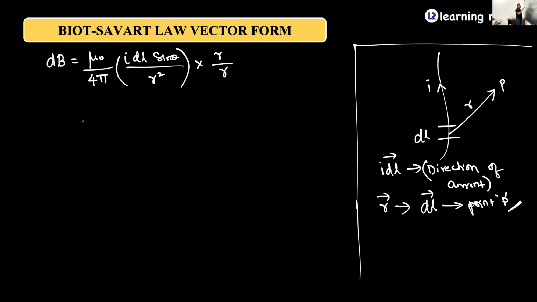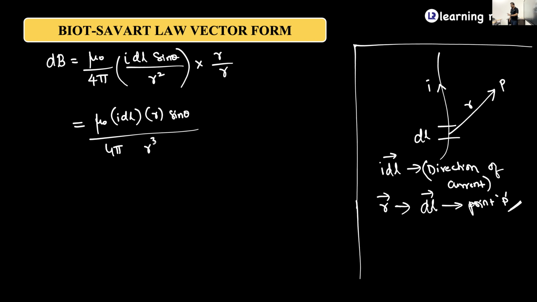When I do this, I get mu naught I dl into r multiplied with sin theta, the whole divided by 4 pi into r cube. Now comes an important question. I have I dl as one vector, r as another vector, and I have sine theta.